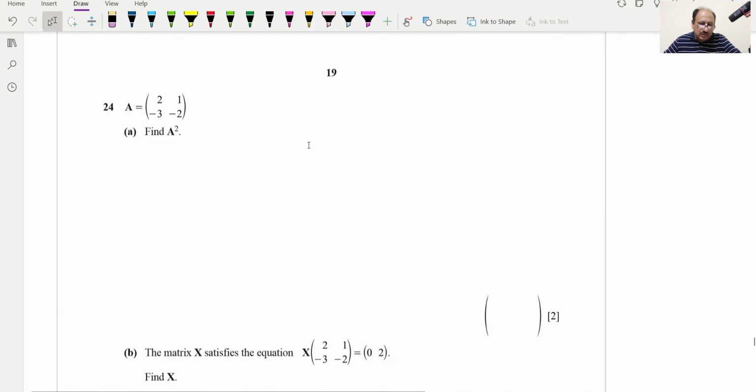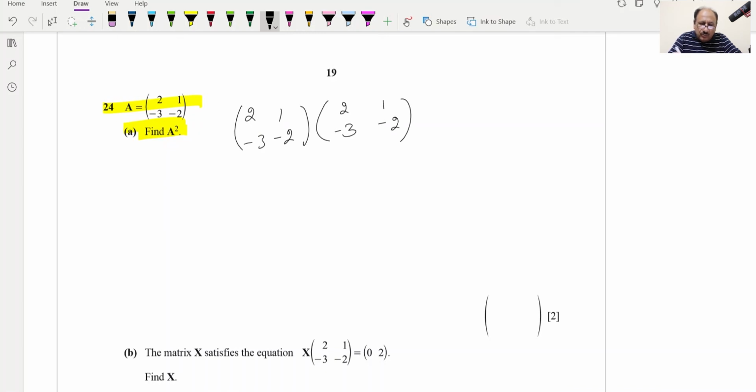Now question number 24. Question 24 is a matrices question. A is given, we need to find a square. So a square we can write as the matrix 2, 1, minus 3, minus 2 multiplied by the same one, and this one will be equal to a squared.